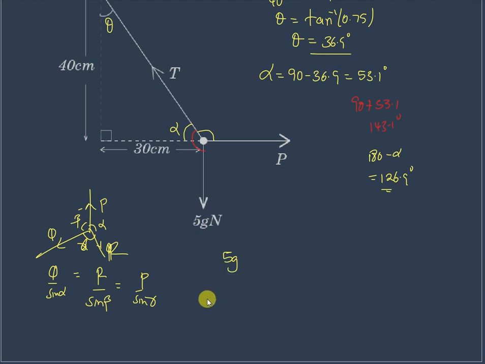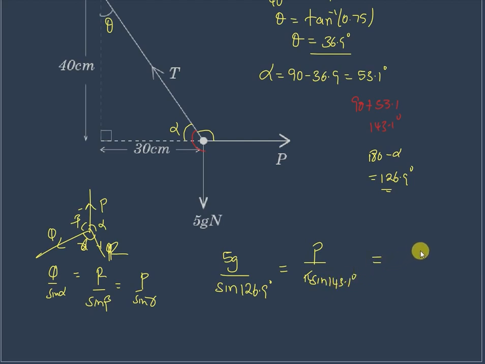So we have 5g divided by sine of that angle, which is 126.9 degrees, is equal to P divided by the sine of the angle opposite it in Lami's theorem, 143.1 degrees.